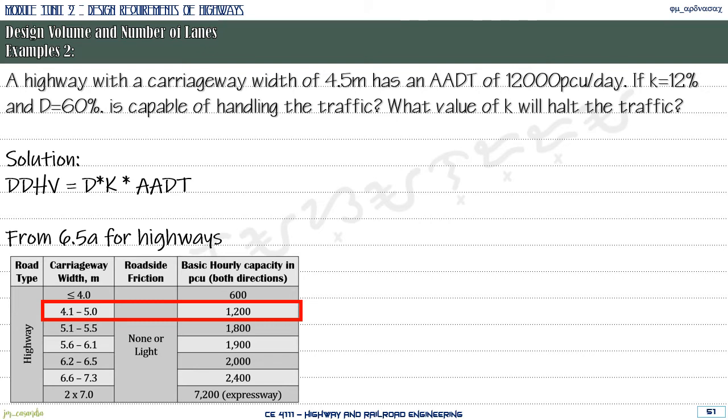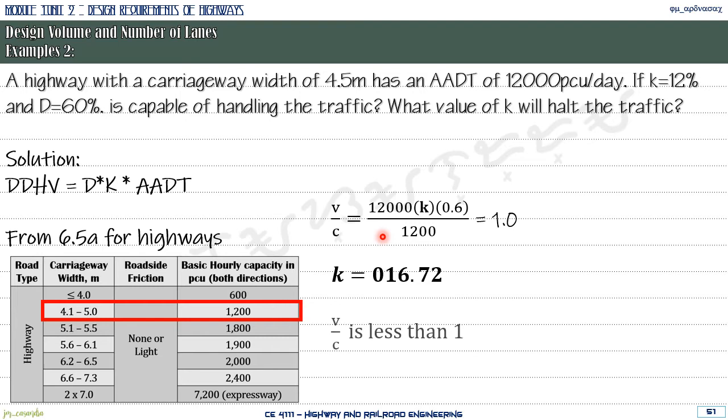So from here, we can now solve our volume capacity as equal to AADT times K times D divided by the theoretical capacity, giving us a volume capacity of 0.72, which is less than 1. Therefore, our highway is capable of handling traffic.